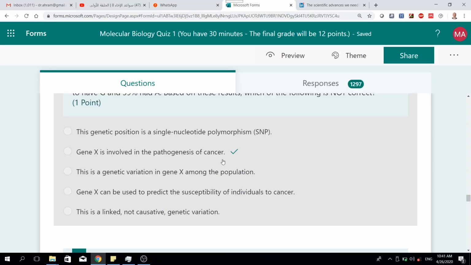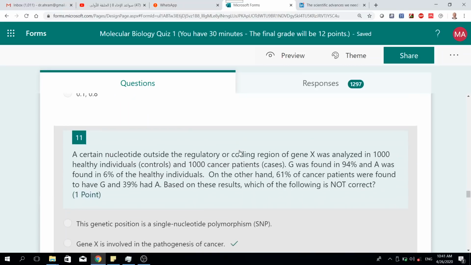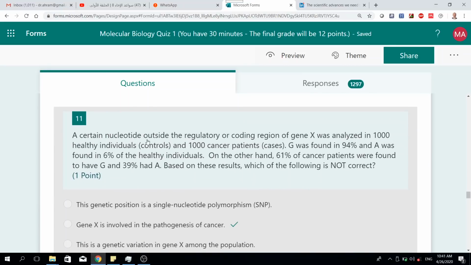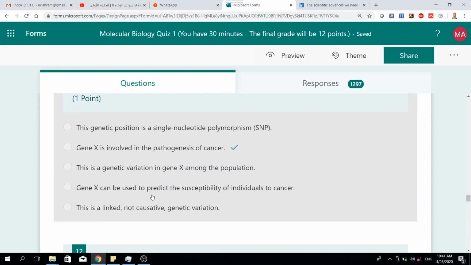It is associated, but we don't know if it is pathogenic or not. Why? Because look here, outside the regulatory or coding region of gene X. So it is linked. It is not causative because it's outside the gene or the regulatory region.